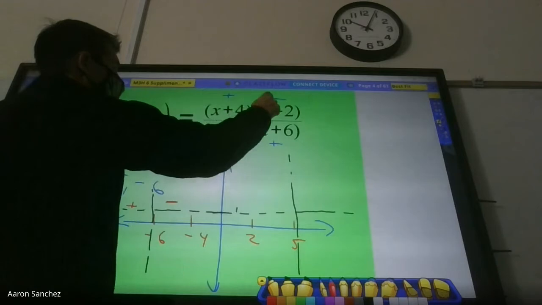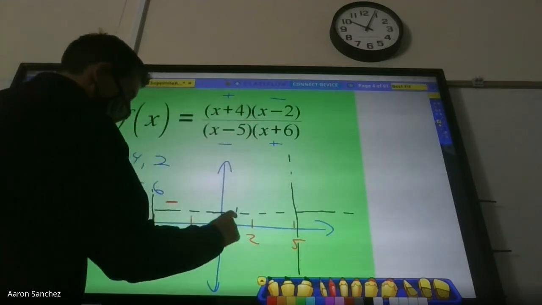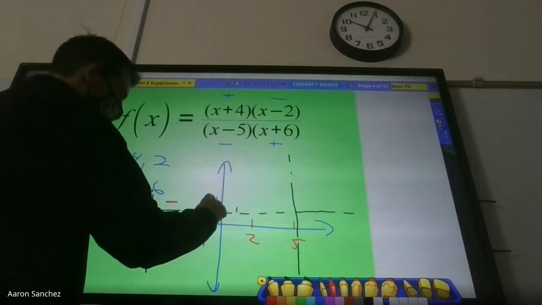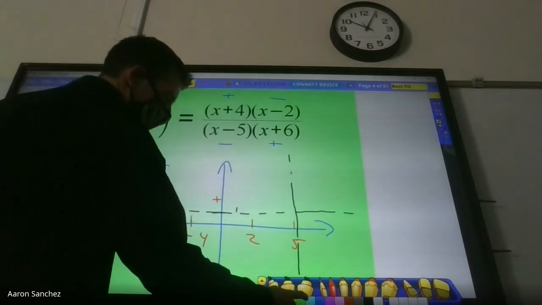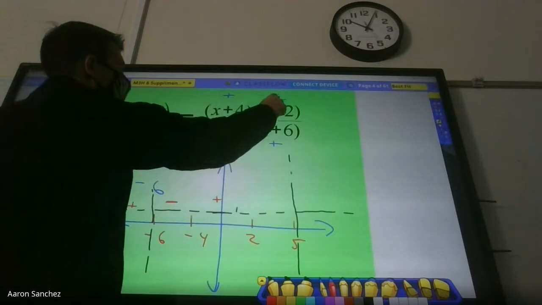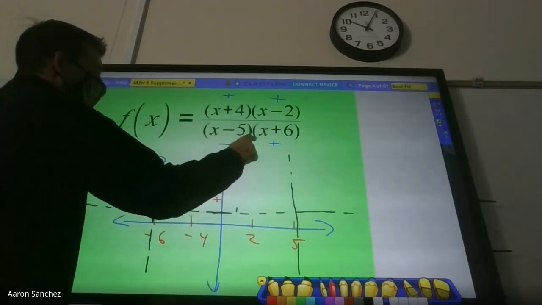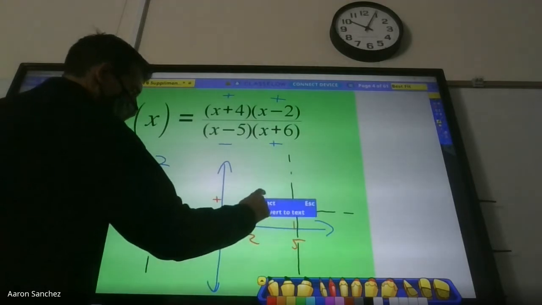Positive, negative, negative, positive, 2 positives. That makes that a positive right here. And then between 2 and 5, we got a 3: positive, positive, negative, positive. So then this is going to be a negative.